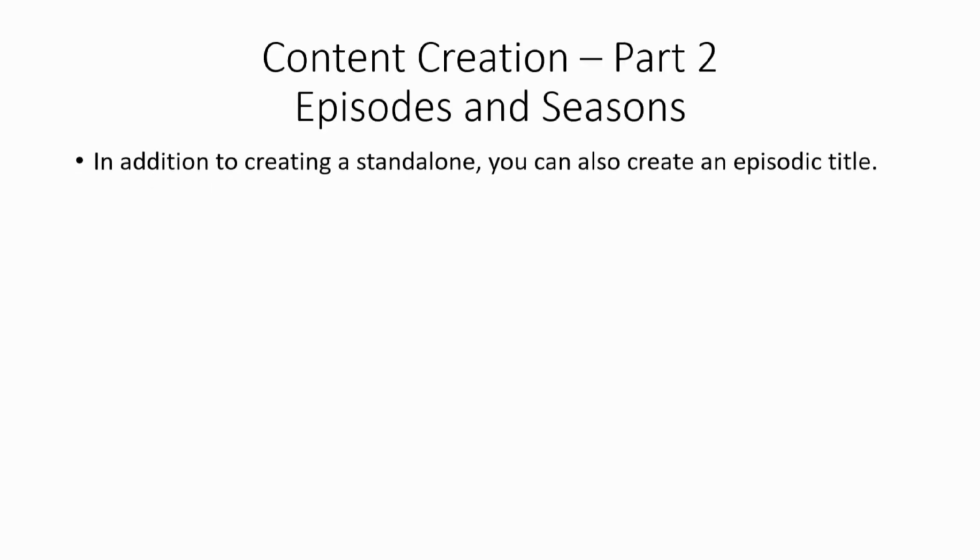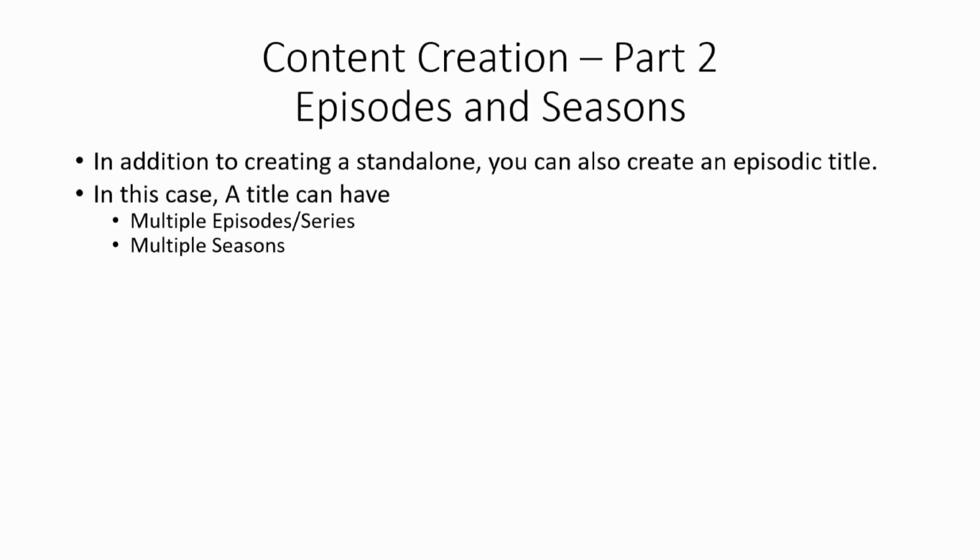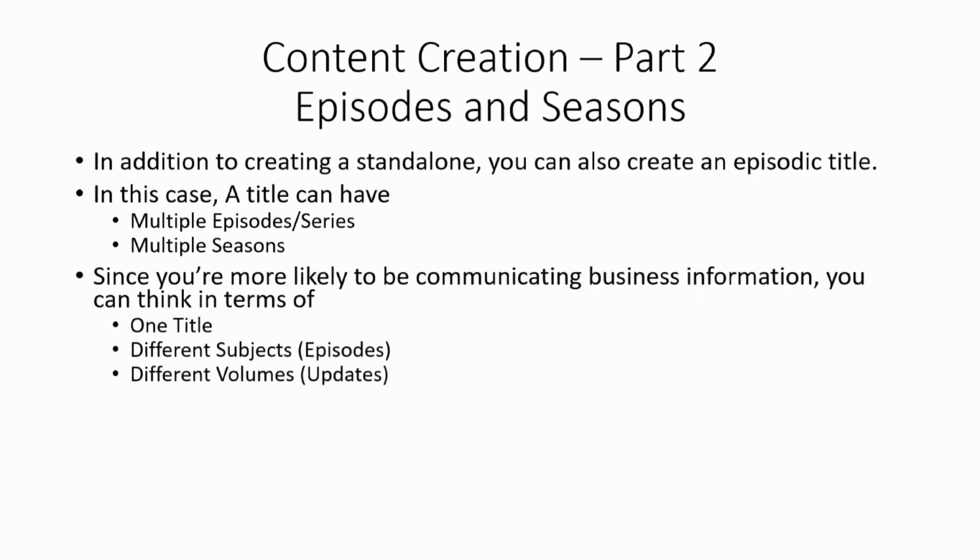So in addition to creating a standalone title, you can also create what's called an episodic title. In this case, a title can have multiple episodes, which is also a series, or multiple seasons, as you can see. Since you're more likely to be communicating business information, you can think in terms of having one title with different subjects or episodes and different volumes or updates, even though they will be called series and episodes.